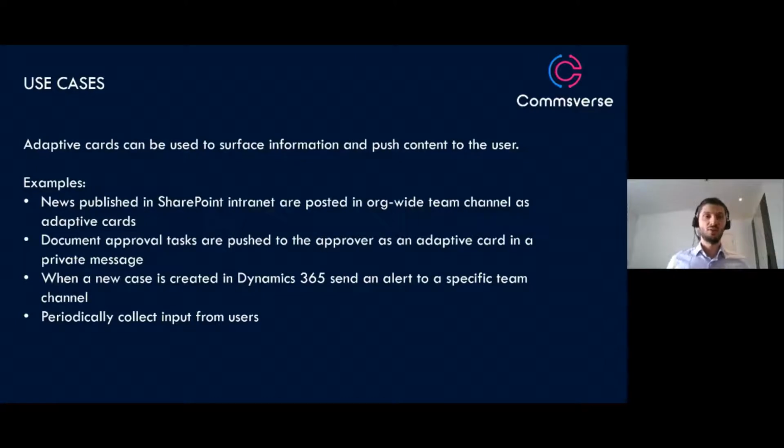So let's assume that your organization has a SharePoint intranet that is being used to publish news and updates. Maybe to increase engagement and reach people through different channels, you want to send an alert to your users in Microsoft Teams whenever a new article is posted in the intranet.